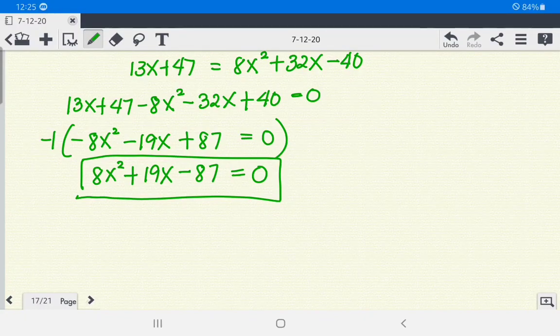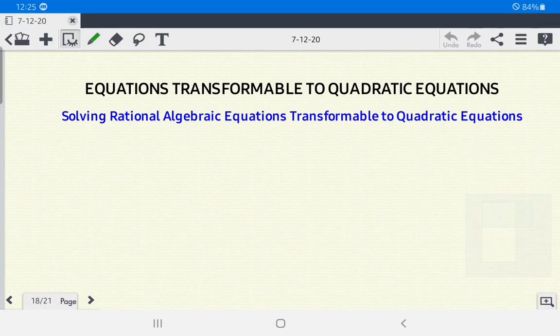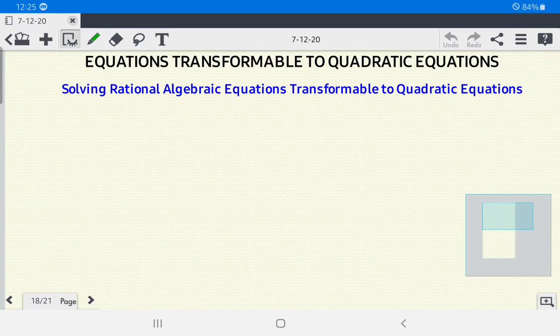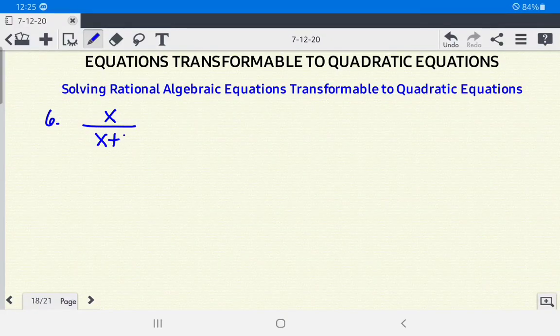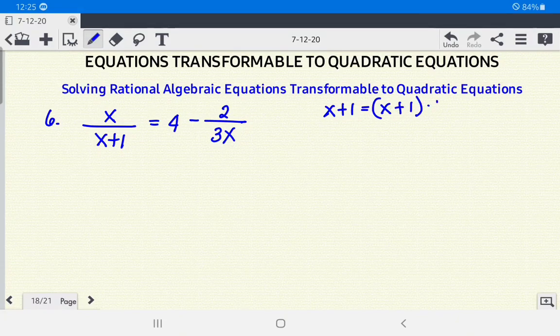Then next, number 6. Number 6, let's say x over x plus 1 equals to 4 minus 2 over 3x. Okay, so here, LCD, of course, we have for the first denominator x plus 1, we have x plus 1 times 1.